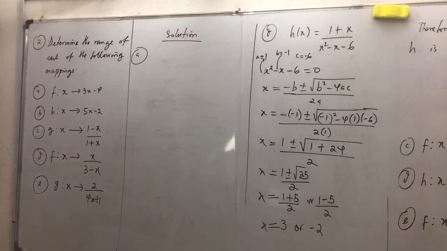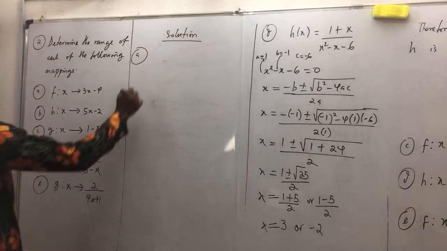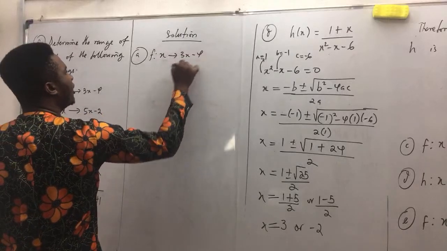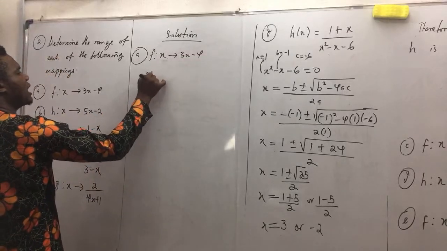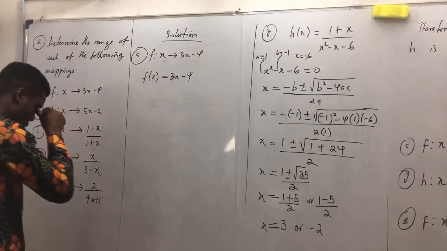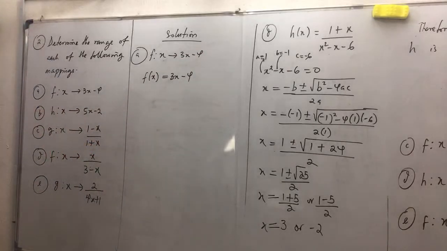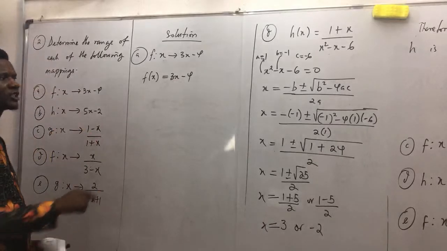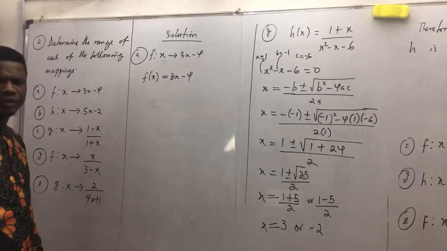How do we determine the range of f? We are given f from x into 3x minus 4. Remember that this can be written as f of x equals 3x minus 4. Now, all you have to do is know the domain of this function.